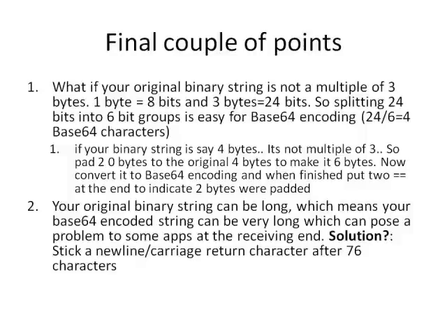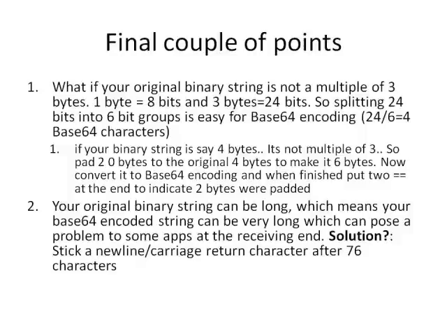The other point is your original binary string is definitely going to be more than a few bytes. It's probably going to be a few hundred bytes or so if you're attaching a JPEG image or something. So if this is converted into a Base64 encoded string, it's going to be pretty long, and that can cause issues too.